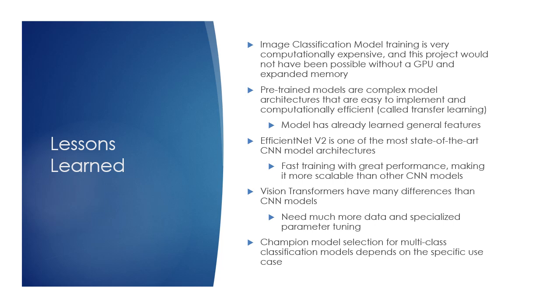And lessons learned: image classification is very, very expensive and wouldn't have been possible without a GPU and expanded memory using the resources from Google Colab Pro. Had to upgrade. Pre-trained models are complex but easy to implement. It's called transfer learning, and it works because the pre-training allows the models to already learn general image classification features.